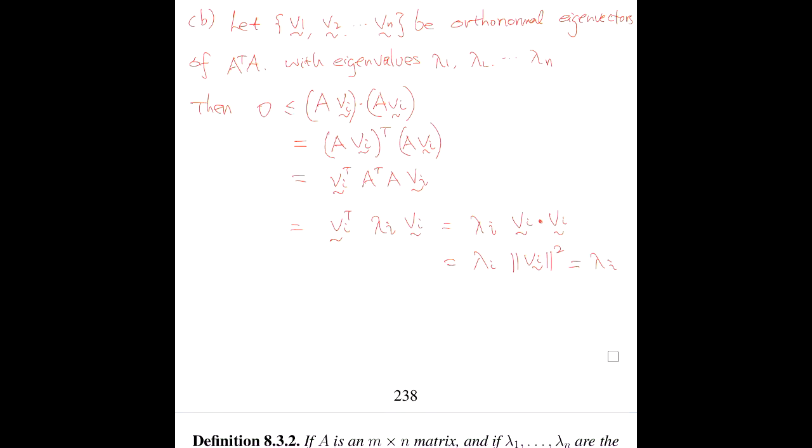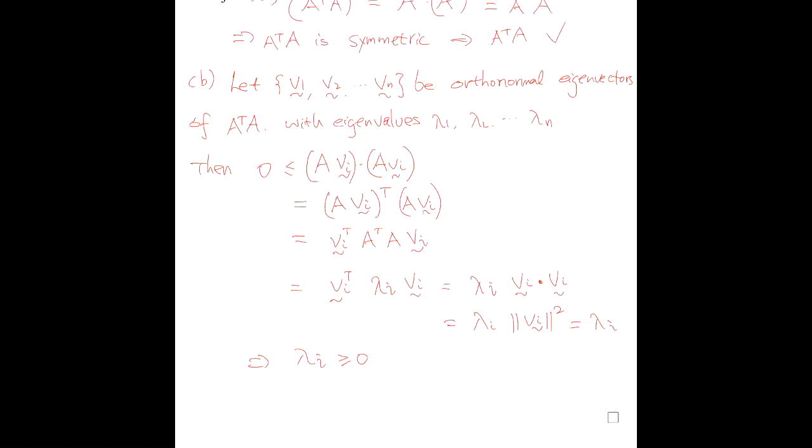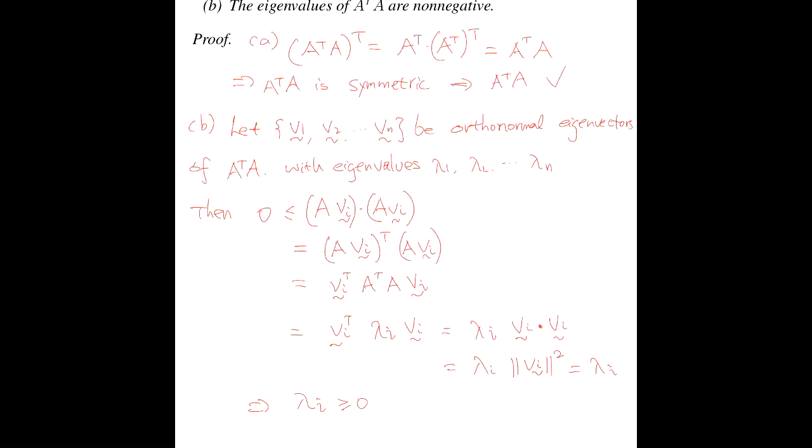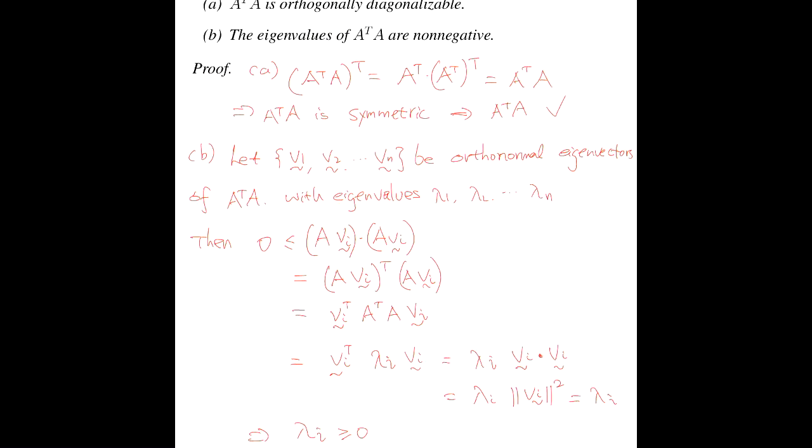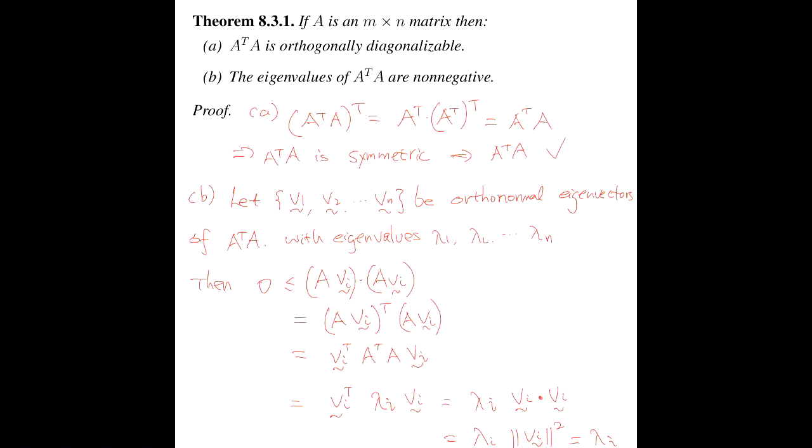So now if you combine the left-hand side and right-hand side, you can see all the eigenvalues lambda i are non-negative. Any questions for this proof?